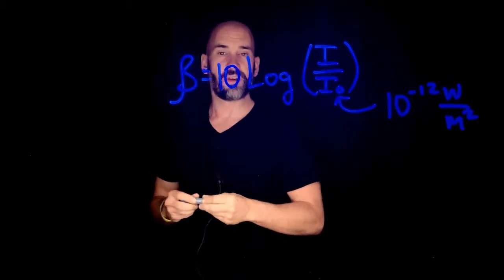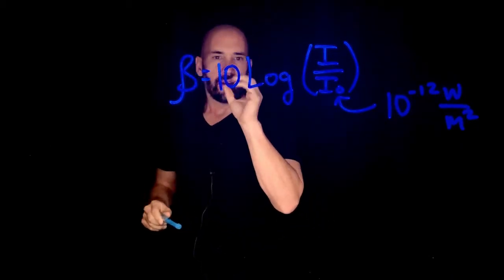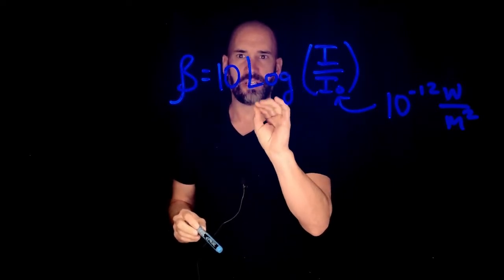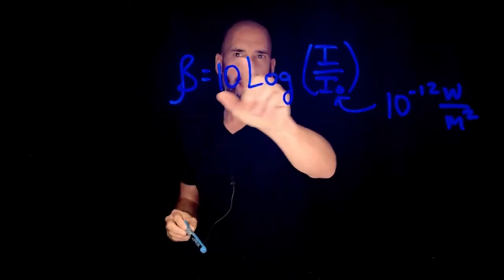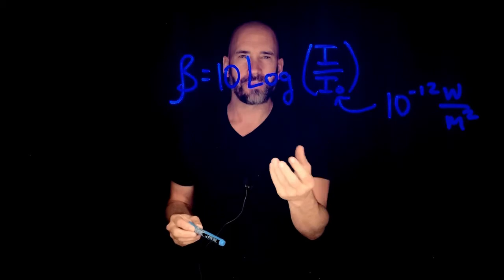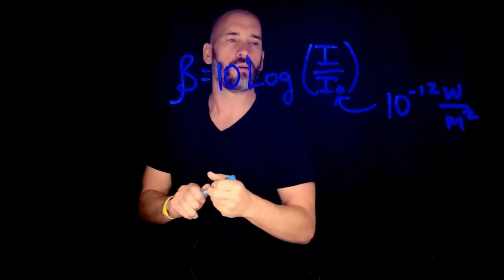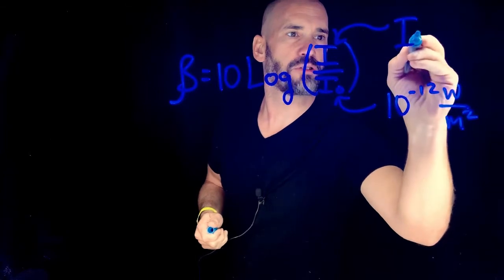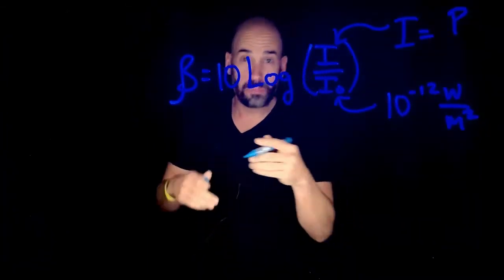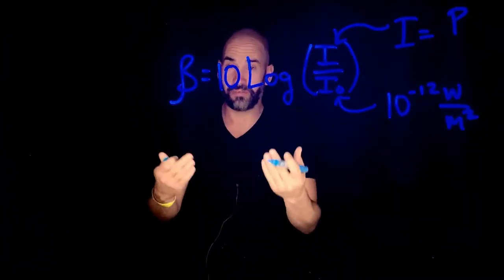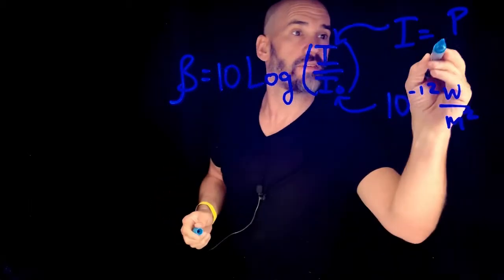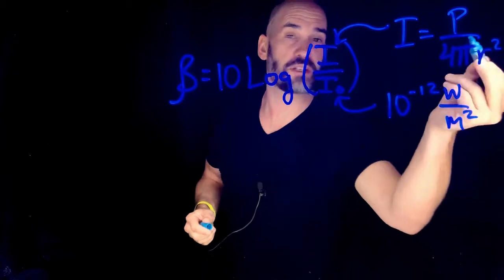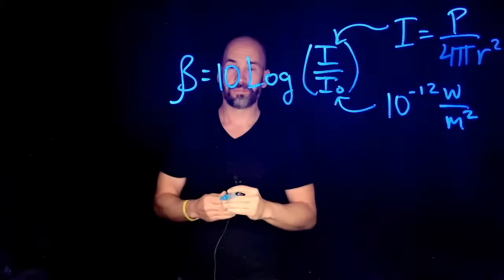Okay, so the question is, once again, how far away from the stage do we need to be? But do we see an R anywhere in here? Do we see a distance? We don't. But we do know that I is equal to the power put out by the speaker, by the amplifiers of the band, divided by 4 pi times the distance that you are away from the speakers squared.